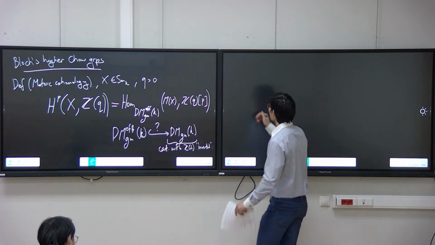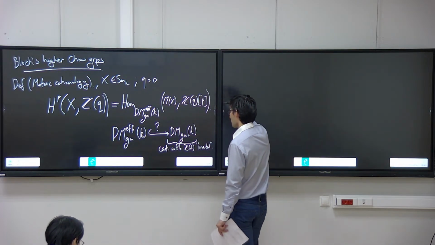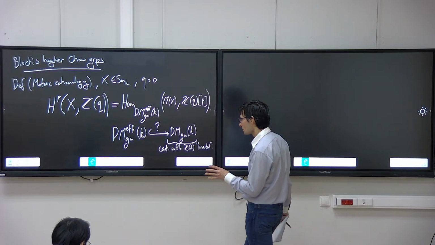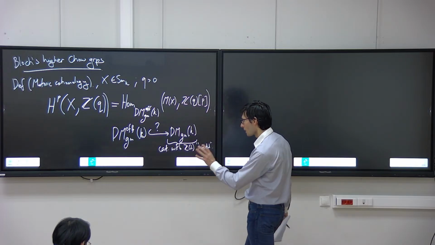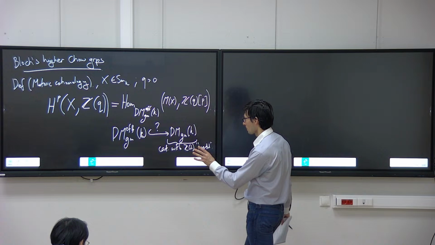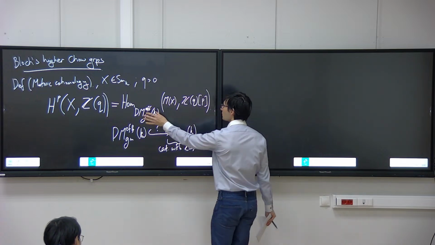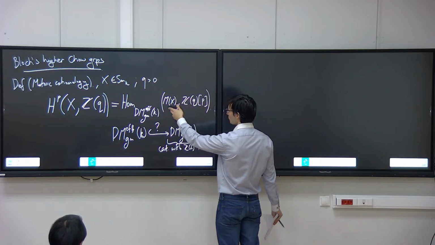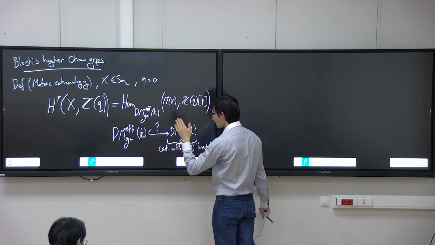Okay, so Bloch's higher Chow groups. What are Chow groups? Chow groups are the homomorphism sets in Grothendieck motives. Here we have homomorphism sets between not just Grothendieck motives, but some motives which are not projective, but let's forget about that technicality.